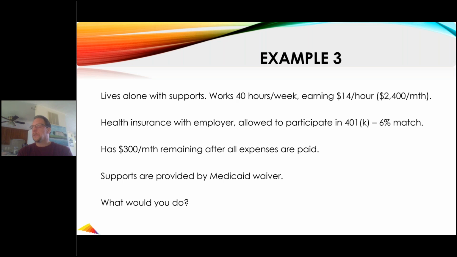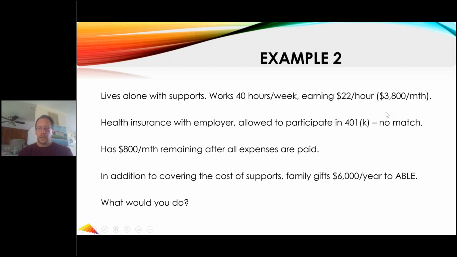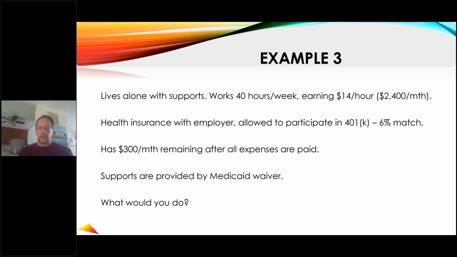So in this case, because they're on a Medicaid waiver, I would again probably look at doing an ABLE account. If the supports were not provided by Medicaid waiver, so let's say in this example there was a match, then I would do the 401k instead of the ABLE.